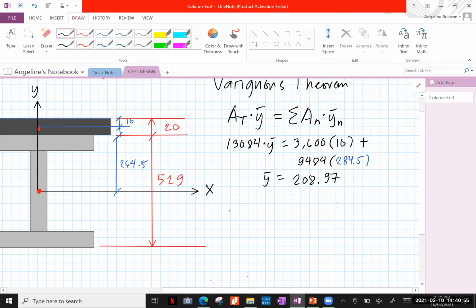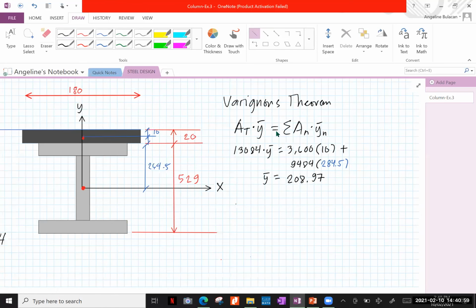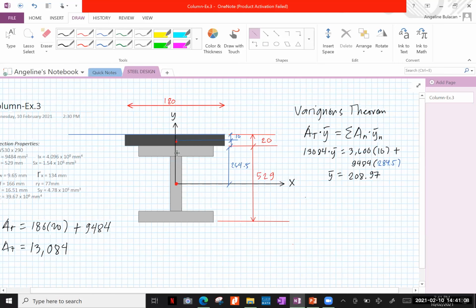So saan ba magre-reflect yung bar y? Saan natin siya makikita? So yung 208.97, that is the centroid of the group, or centroid siya nung combined sections or combined materials.